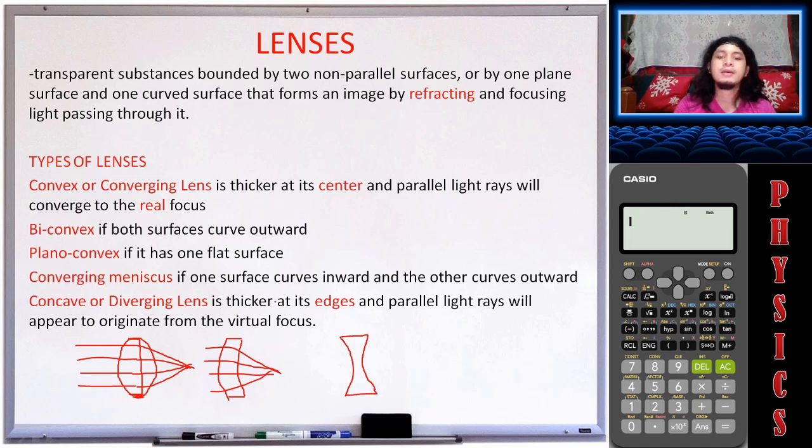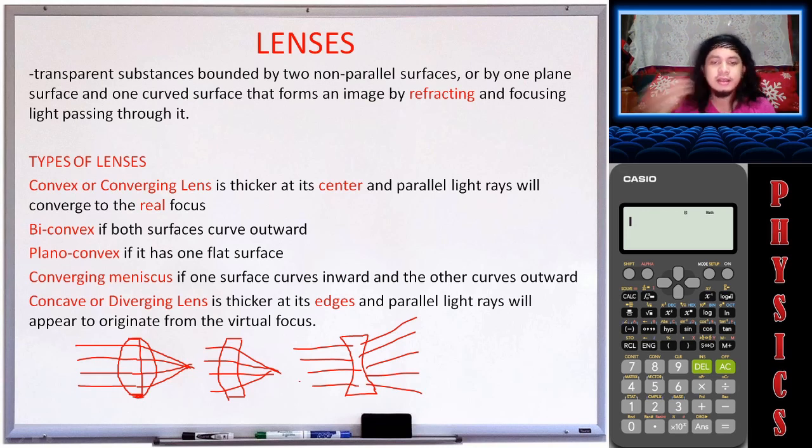Thicker at its edges, and ang tendency daw ng light rays ay mag-diverge. Unlike yung converging. Yan yung pinagkaiba nilang dalawa.